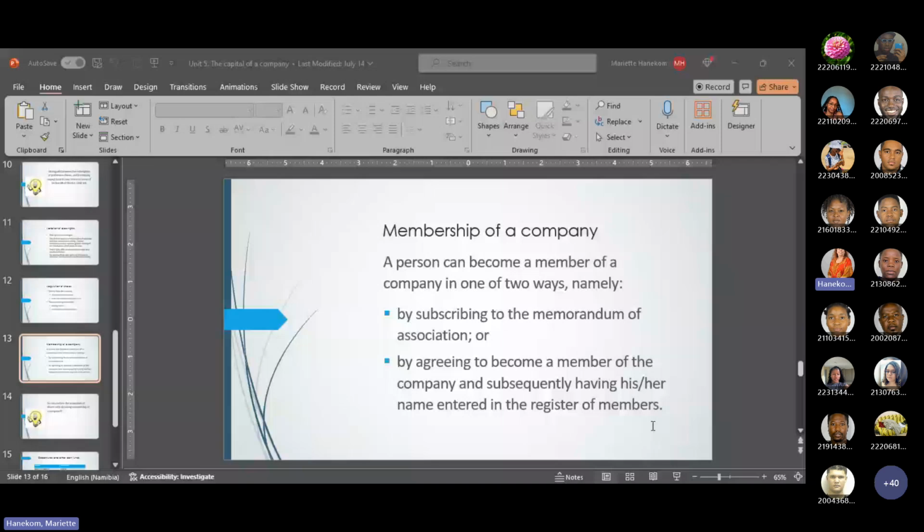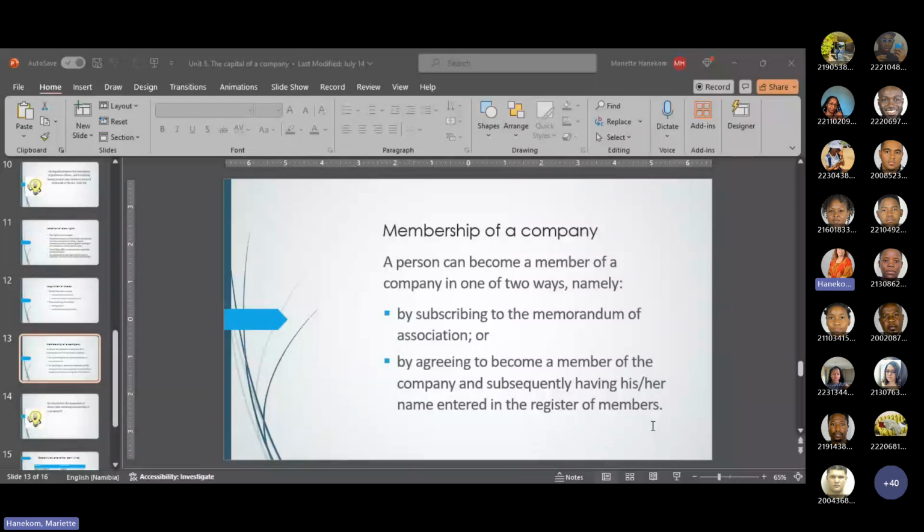But now I'm making the statement here in the chat box that all shareholders are members, but not all members are shareholders. Why am I saying that? I'm going to ask you this in your first test.